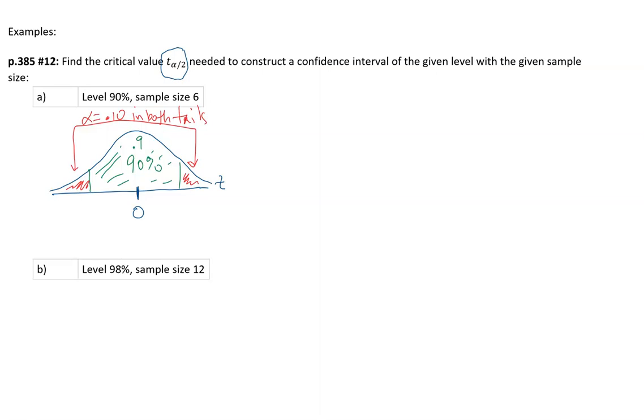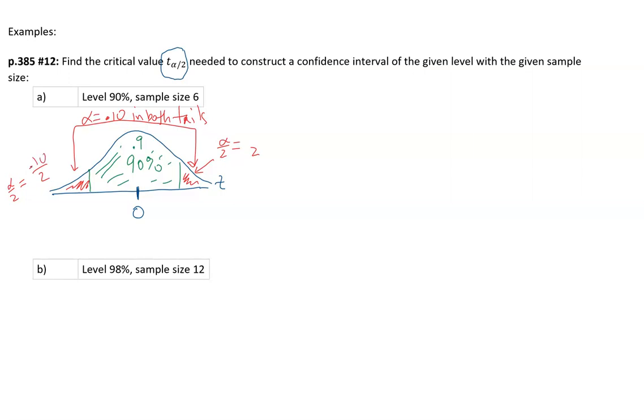So once again, we have 0.01 over 2 in the left tail to be our alpha over 2 amount, and the same amount in the right tail, alpha over 2. It's 0.01 over 2. Oops, I did that wrong, didn't I? So 0.1 over 2. Sorry, I don't think I can go back and do this all over again.